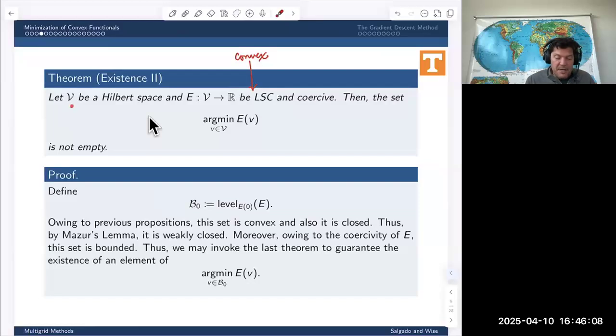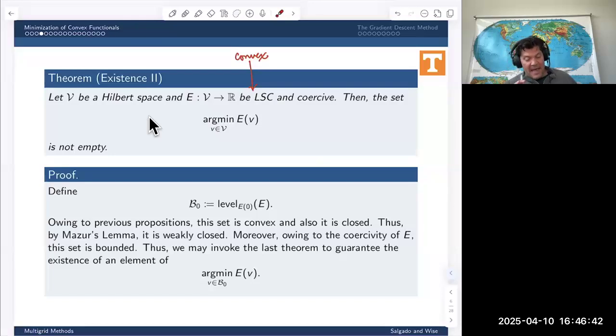Let V be a Hilbert space, and suppose that E is, we forgot to add convex. That's very important. E is convex, lower semi-continuous, and coercive. Then the set argmin E(v), where v is taken over all of V in this case, is non-empty. So that means there's, again, a minimizer. And in this case, as I said, we're minimizing over the whole space, and so this is an important fact.